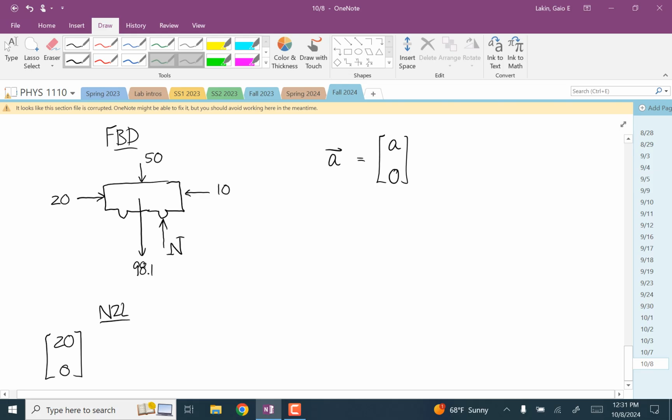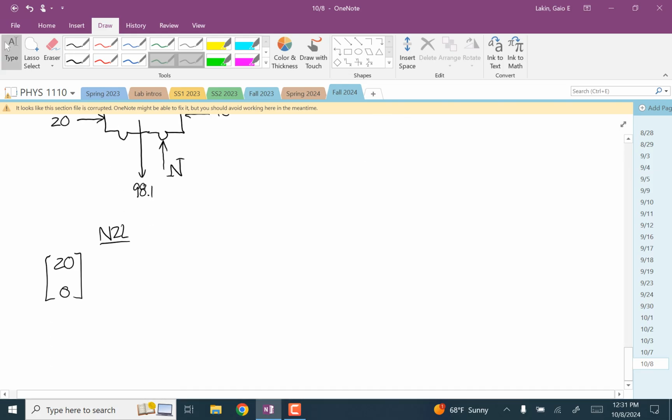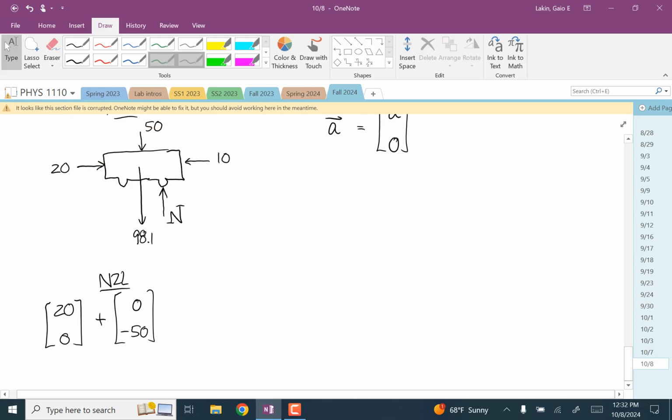So what are the components of that vector? 0, -50. Yeah, perfect. We have a weight force in the negative y direction. So what are those components? 0, -98.1.